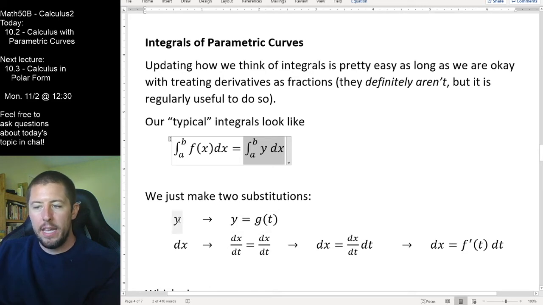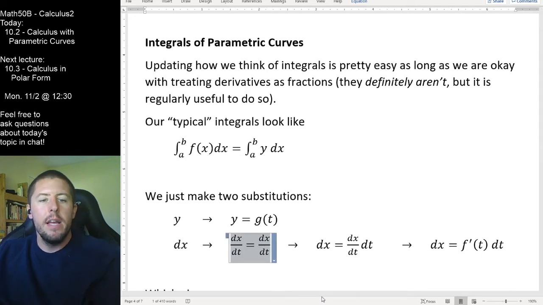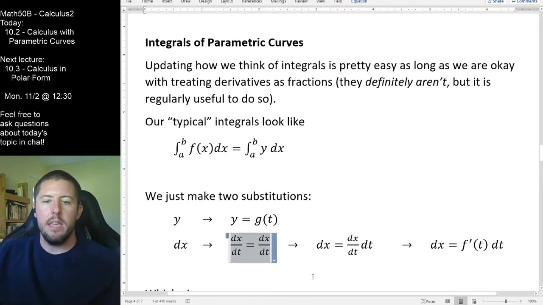So all I'm going to do is take this formation right there and make a couple quick substitutions. y is our heights. y we know we're describing parametrically as g of t. So one substitution is y is just going to get swapped out for g of t. The other swap I need to make is dx. So what do I do with dx? Well, I'm going to go to my really generic, bland, pointless statement right there: dx/dt equals dx/dt.